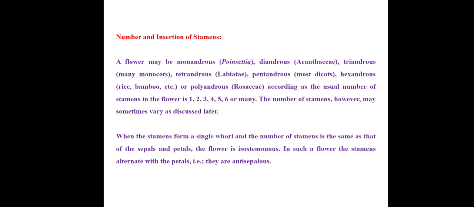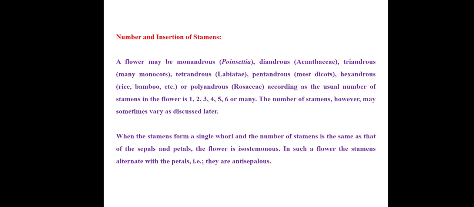When the stamens form a single whorl and the number of stamens is the same as that of the sepals and petals, for example, if a flower has 5 sepals, 5 petals, the whorl of stamens will be 1 with 5 members, the flower is said to be isostaminous.